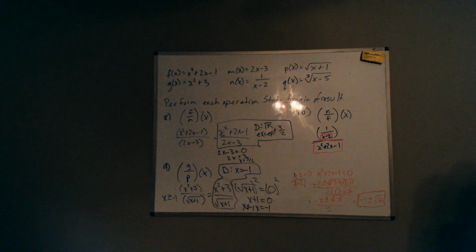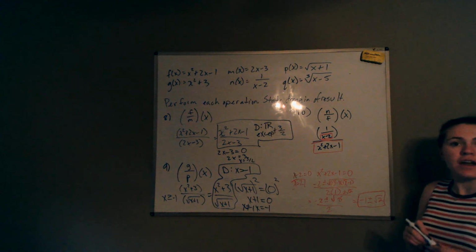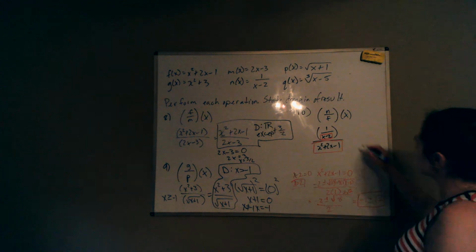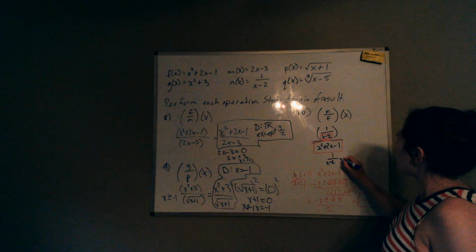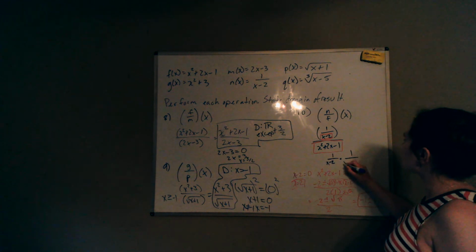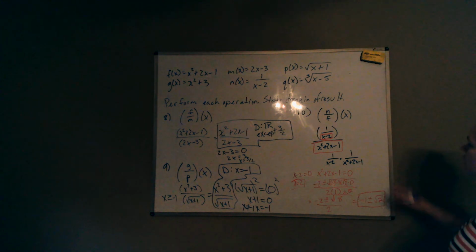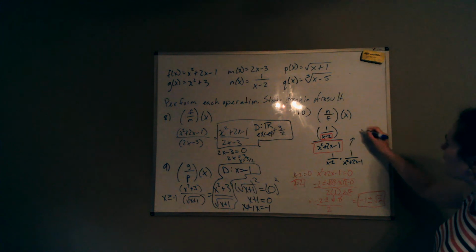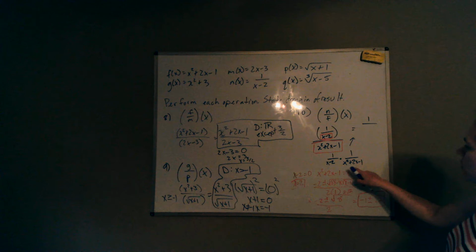So if we need to simplify this expression, you know how to simplify complex fractions. Dividing by this is the same as taking 1 over x minus 2 and multiplying it by 1 over x squared plus 2x minus 1. So now I'll just put this right up here. That's going to give us 1 over, and now we have a binomial times a trinomial.